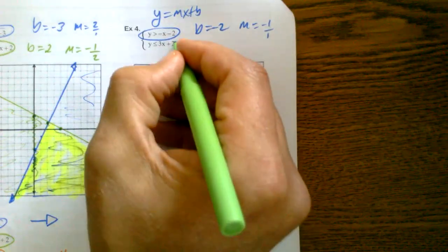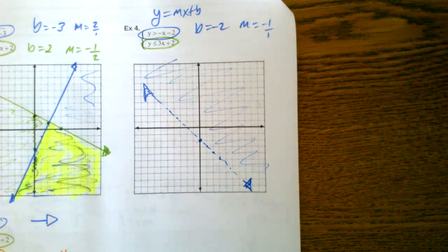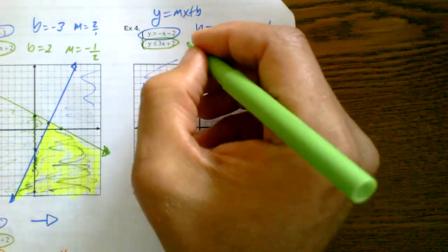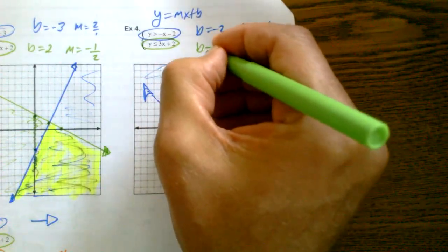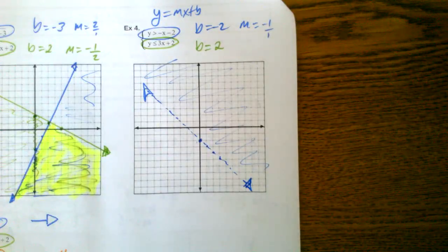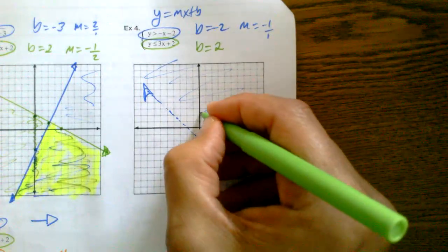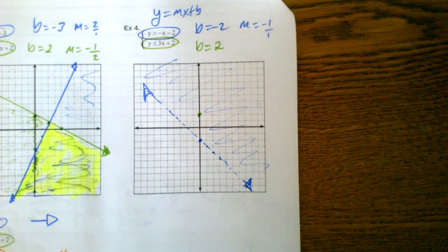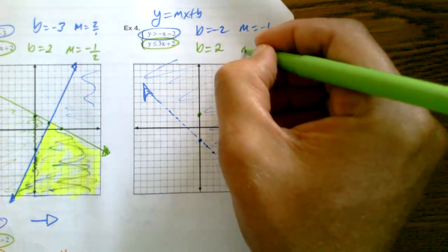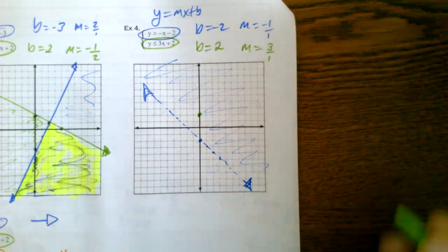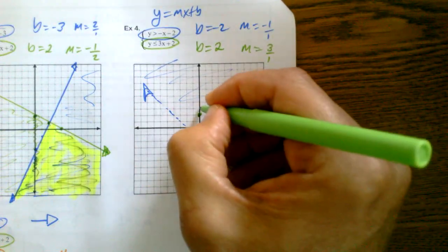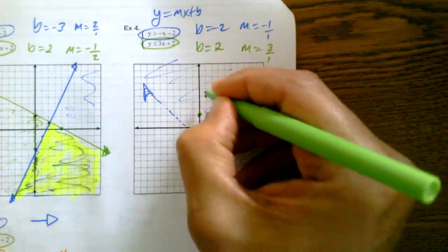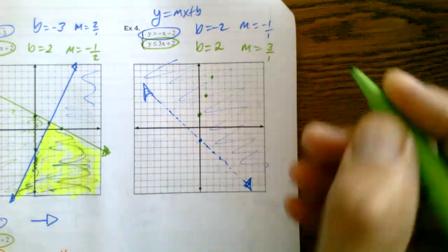Last but not least, I've got this one right here. y is less than or equal to 3x plus 2. Again, y equals mx plus b. The b is the last number, 2. So I'm going to go up 1, 2. And then I'm going to do my slope. My slope is 3. Think 3 over 1. I'm going to go up 1, 2, 3, and over 1. 1, 2, 3, over 1.